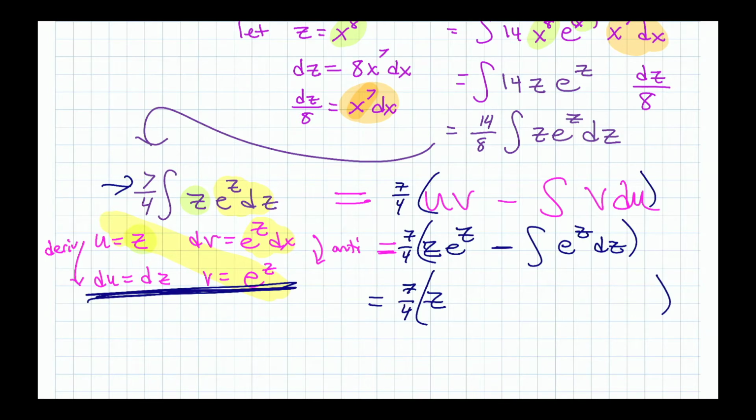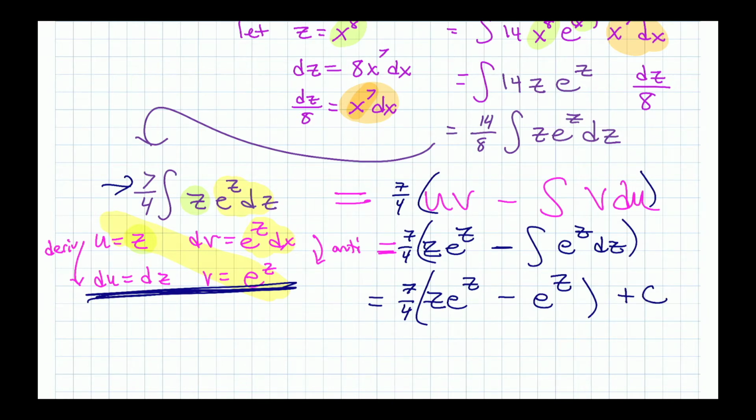Right, so 7 over 4, z, e to the z, minus, you have another antiderivative of e to the z, which is e to the z. And actually, we can move parentheses over. Okay, so that's what we get.